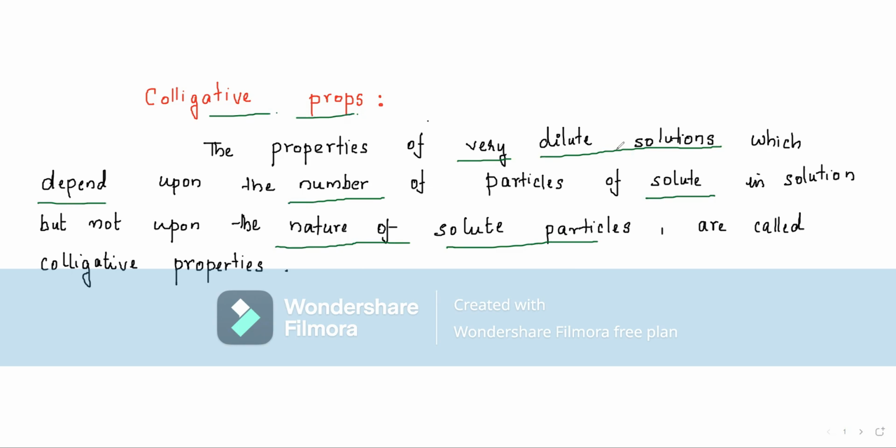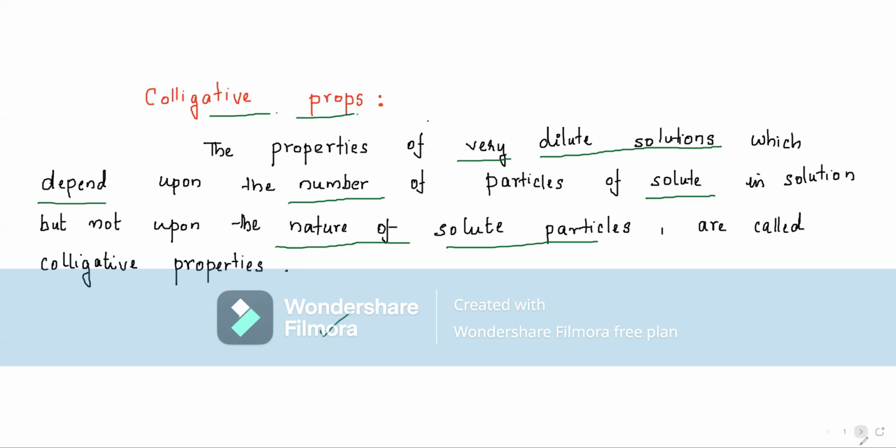Properties of very dilute solutions which depend only upon the number of solute particles and not on the nature of solute particles are called colligative properties.